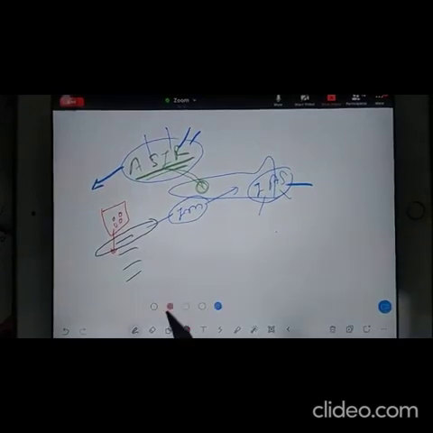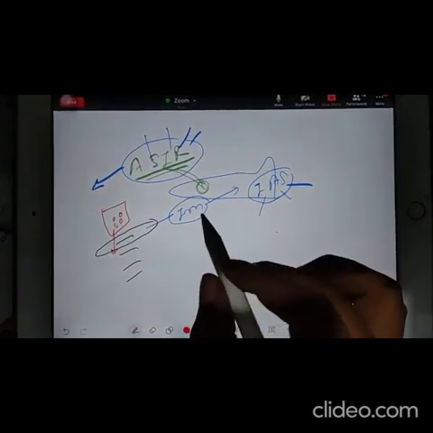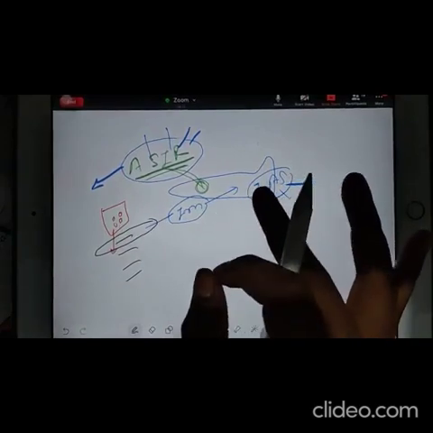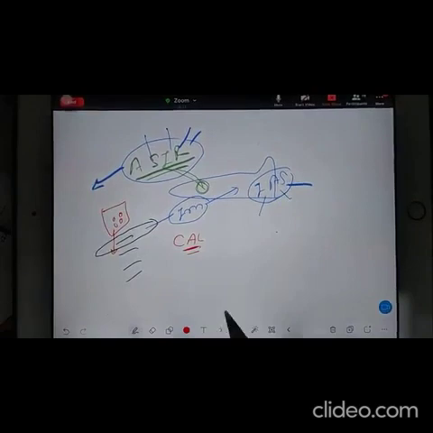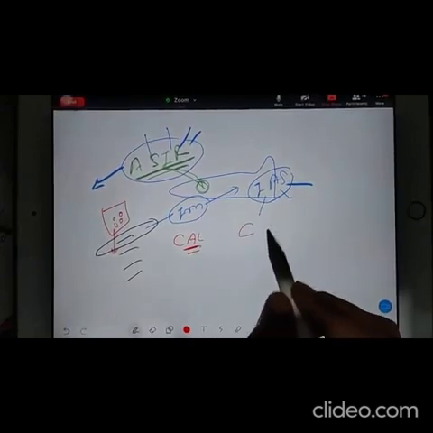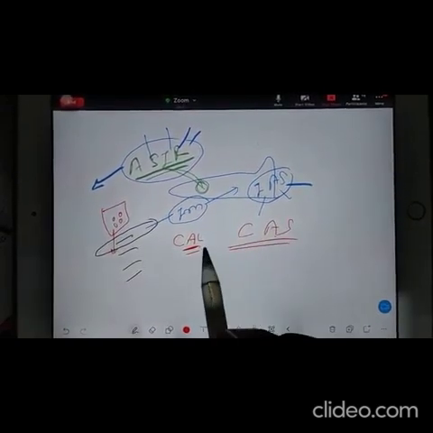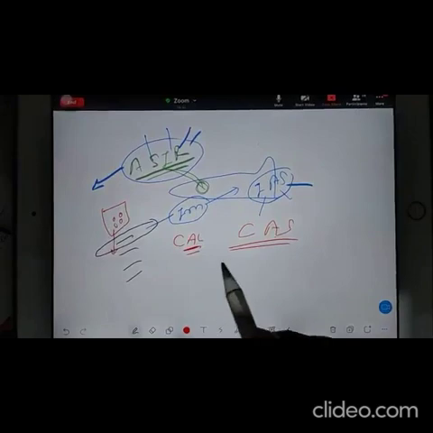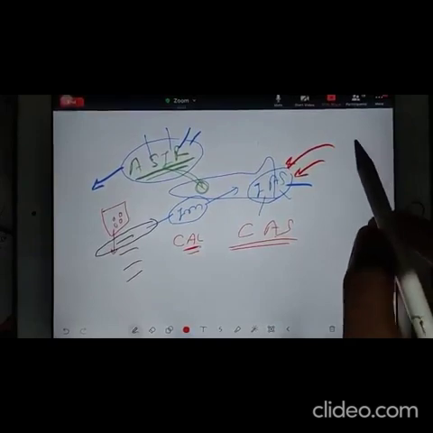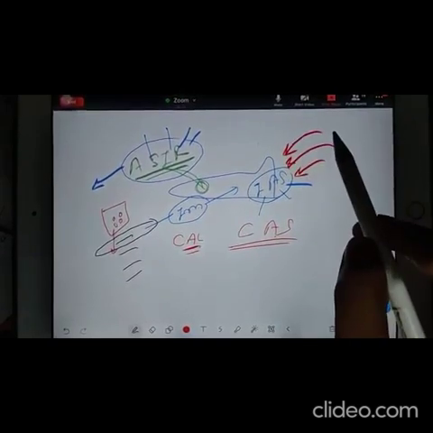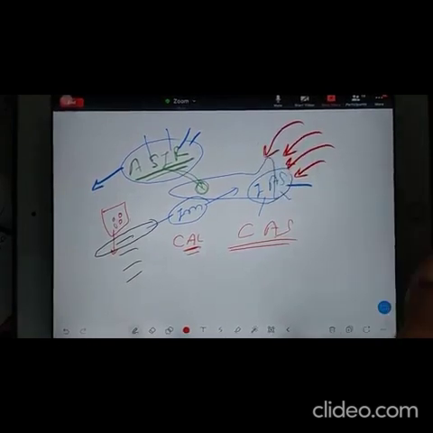Okay. Now next we have calibrated airspeed. Already I have sent you the PDF. What is calibrated airspeed? In short, we say calibrated airspeed, CAS. You got the indicated airspeed. Now this indicated airspeed you have to fix for position error also.